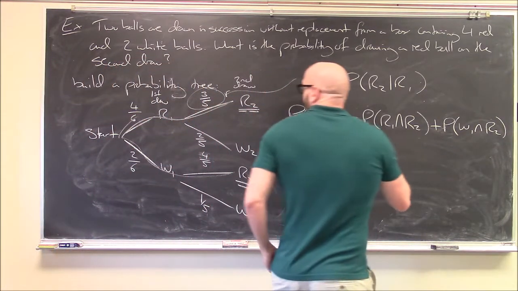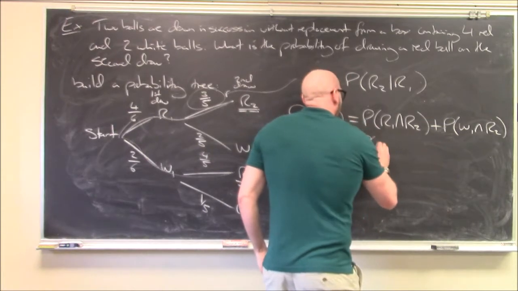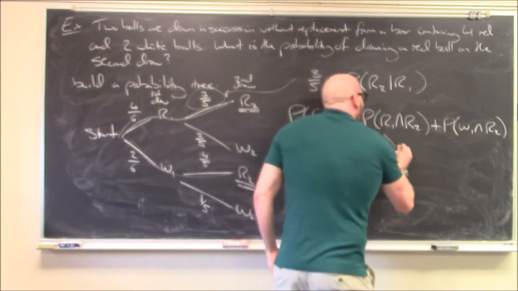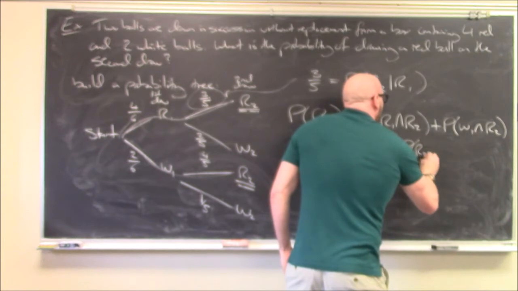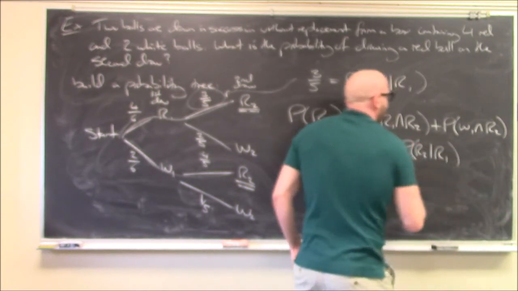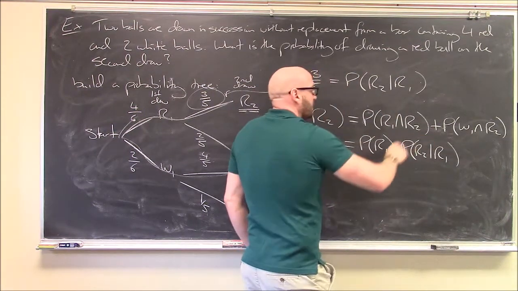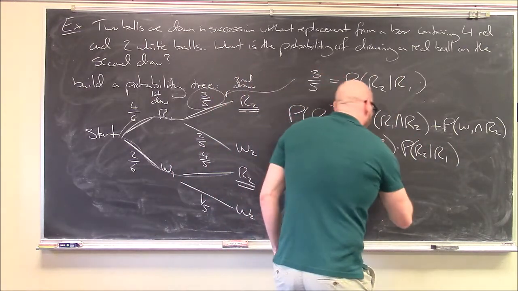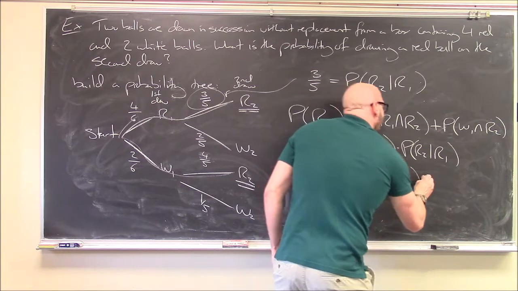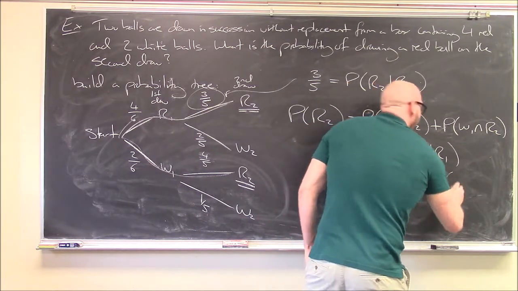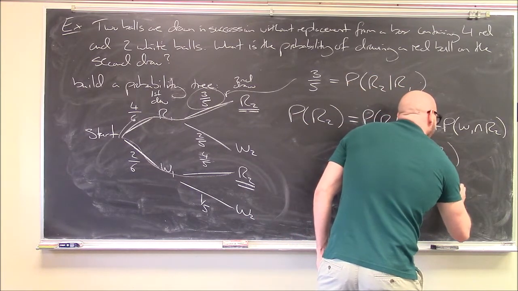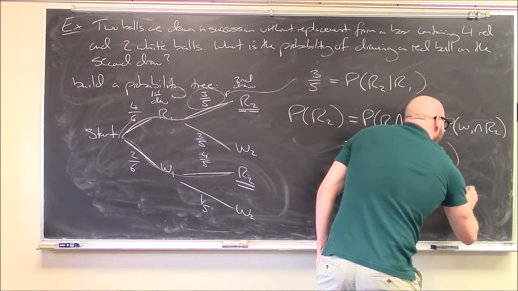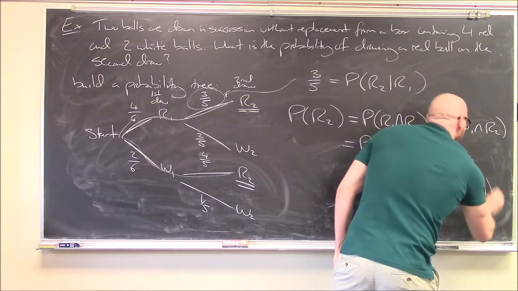Product rule says this will be the probability of R1 times the probability of R2 given R1. And the probability of W1 intersect R2 would be the probability of W1 times the probability of R2 given W1.